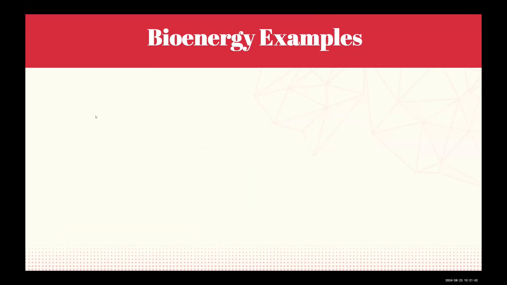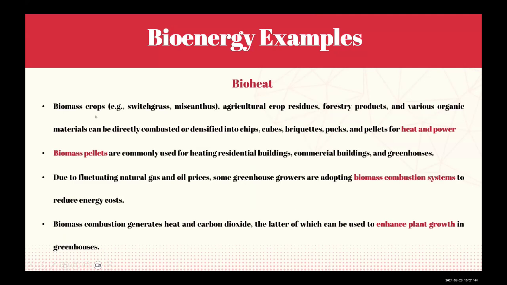Then we have bioheat. Bioheat is generated by directly combusting or densifying biomass crops like switchgrass and miscanthus, as an example, as well as agricultural crop residues, forestry products, and other organic materials. These can be turned into chips, cubes, briquettes, pucks, and pellets for producing heat and power.